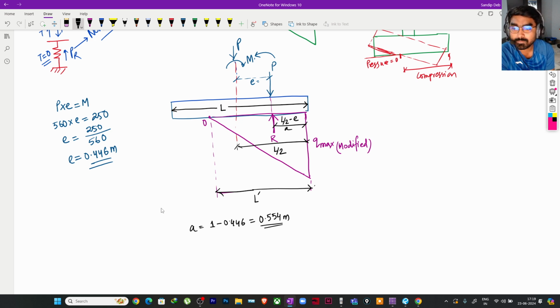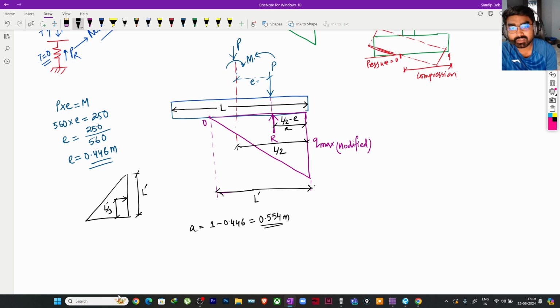So what we know, this is my triangle. Suppose this is my pressure diagram. This is my H. Here we are calling it L dash, so I'll name it L dash. And here we know the CG of the triangle will always be at a point which is at L by 3, correct?